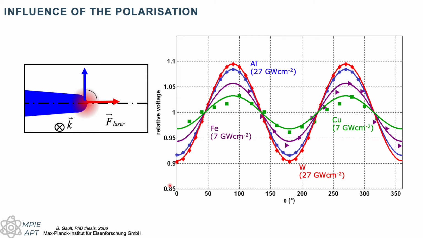And for example, we could see that depending on the change of the angle between the specimen main axis and the polarization of the light, the voltage that we would need to provoke field evaporation at a certain rate was varying. And it was varying differently for different samples, and differently for different laser pulse energies.